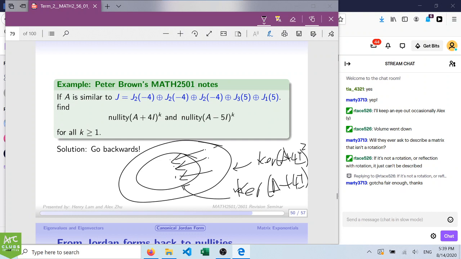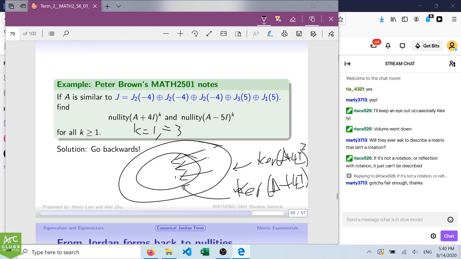And so you get 3, so the nullity of (A + 4i) to the power of 1 has 3 vectors, so it's dimension 3. Okay, so k equals 1, it's 3, and then k equals 2 and onwards, it's going to be 6.